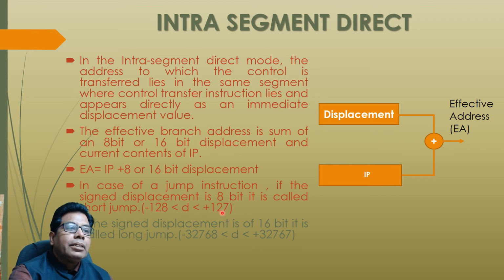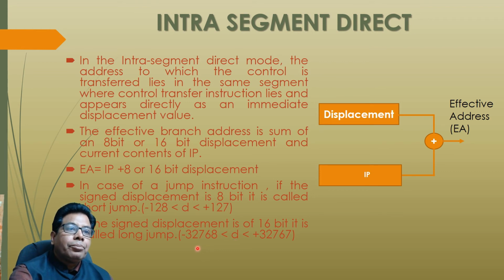That will be the range for signed 8 bit numbers. That's why it is called the short jump. And if the signed displacement is 16 bit, it is called the long jump, because the displacement will be minus 32768 to plus 32767. So that is 16 bit displacement.